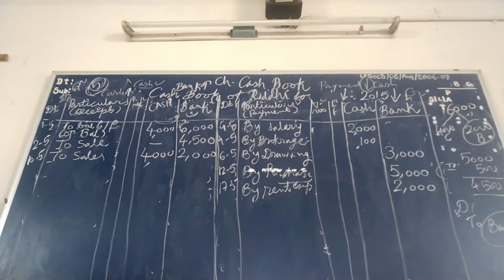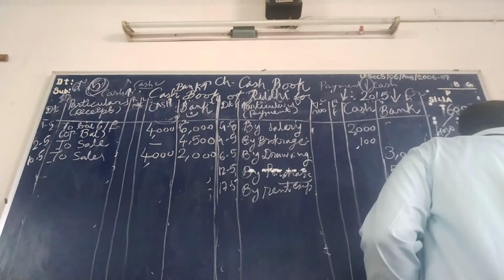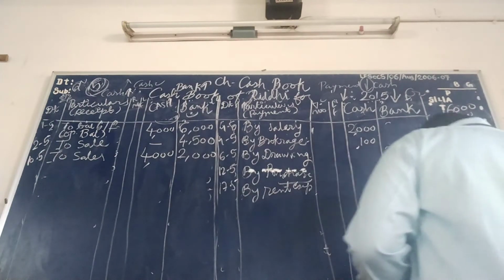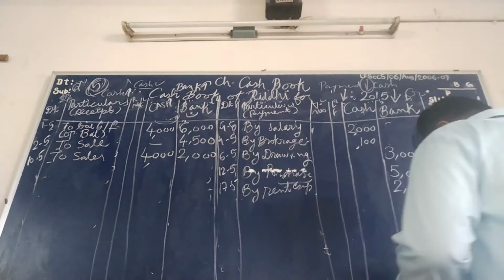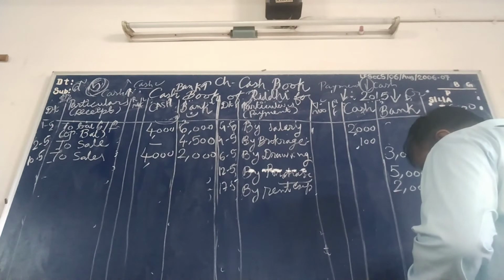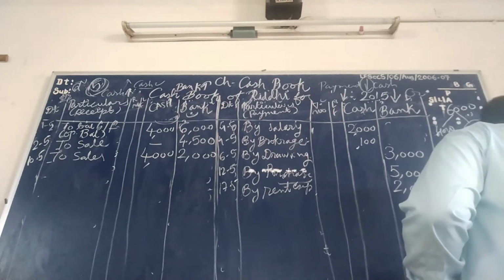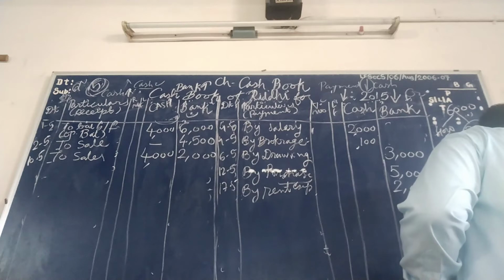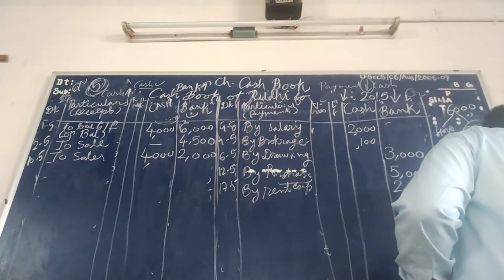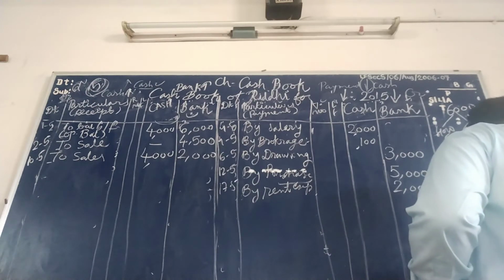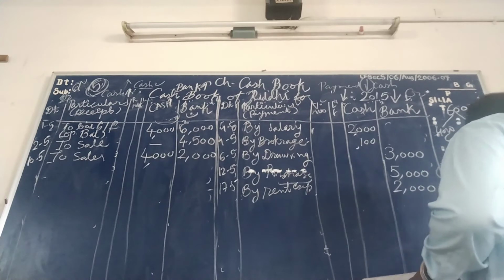Next one, 21st May, goods of 4,000 purchased in cash at 10% rate discount. So 4,500 goods is purchased, and we get the discount of 10%. We get the discount of 450. So 4,050 after the rate discount.